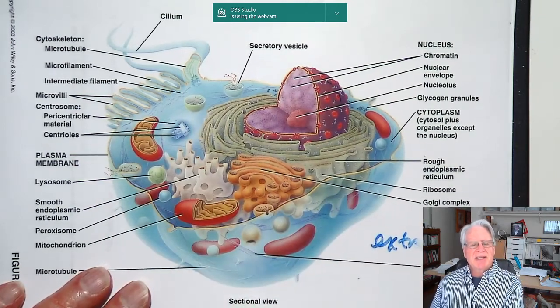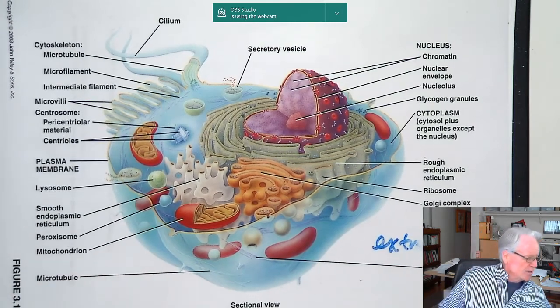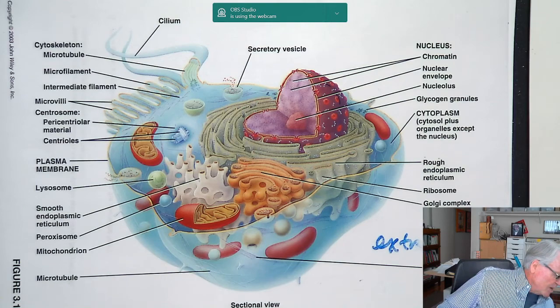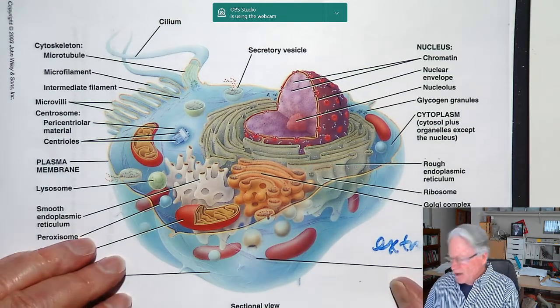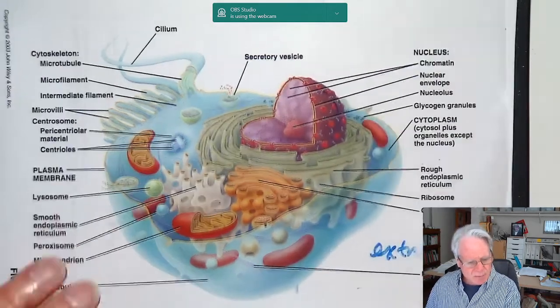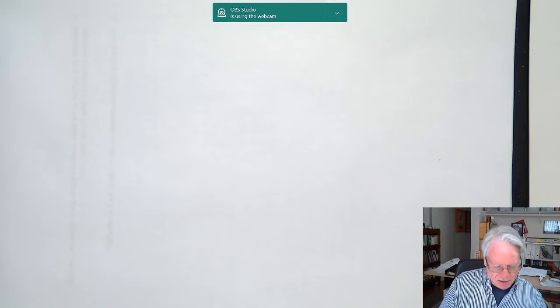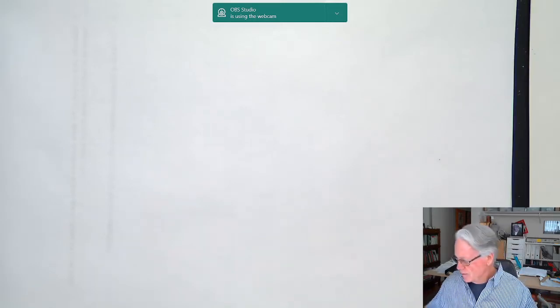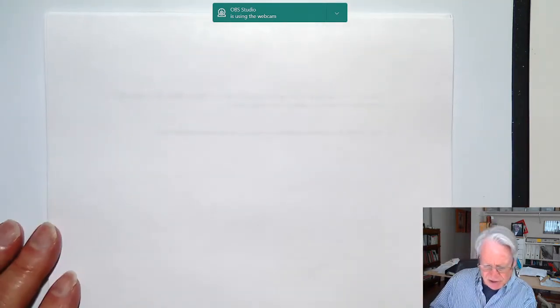It doesn't represent a particular cell in the body, but a composite of all the possibilities that there are in your body. So we'll refer to this later on. Come back to it. Okay, so let's begin our lecture, and we will start off with this title, Introduction to the Cell.